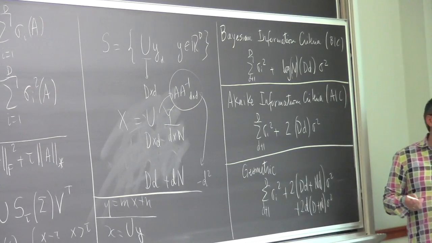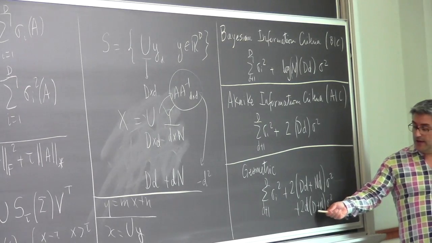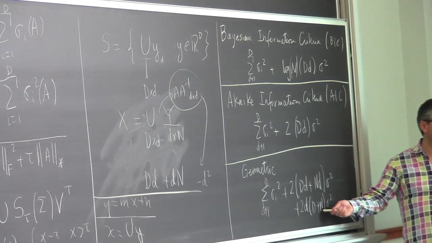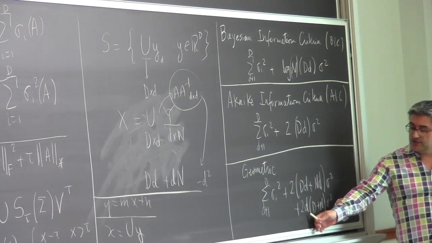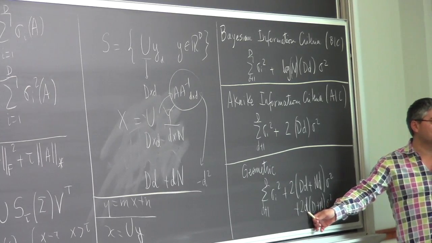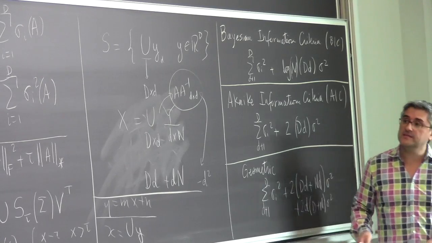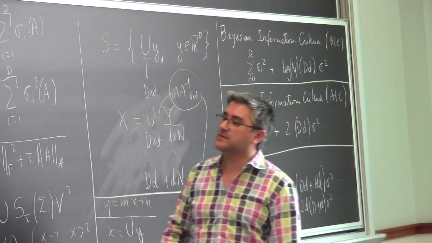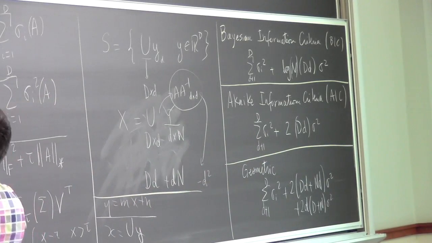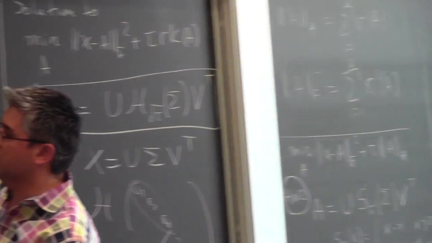So for a matrix of fixed size, where D and N are fixed, really it just grows directly linearly with D. So this last criteria effectively is the same as the one we were discussing here. Right? Where was it? This criteria.